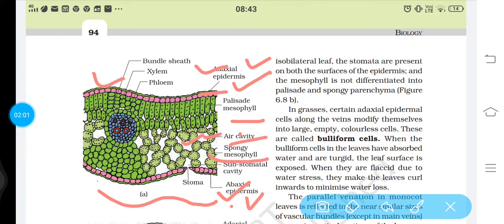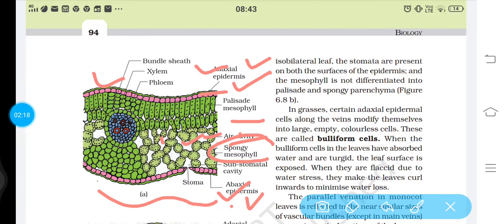That's why these are called spongy mesophyll cells. As they have air cavities, they allow a pathway for the entry or exit of gaseous molecules, basically O2 and CO2, in the plant.